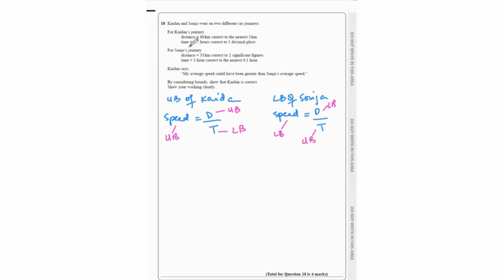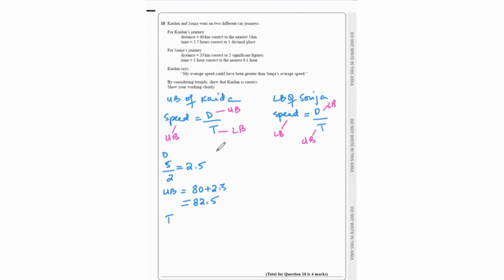So for Kaidan first, the distance is 80 kilometers, correct to the nearest 5 kilometers. So for distance, it's nearest to 5 kilometers. That means we divide 5 by 2, which is 2.5. So the upper bound is going to be 80 plus 2.5, which is 82.5.